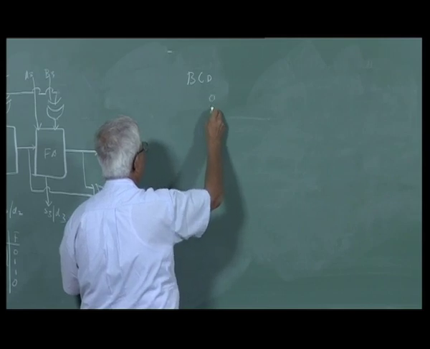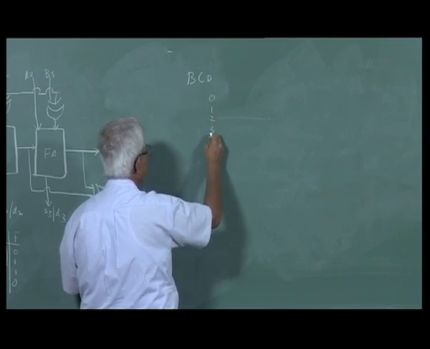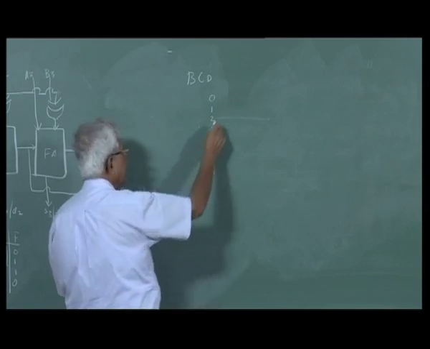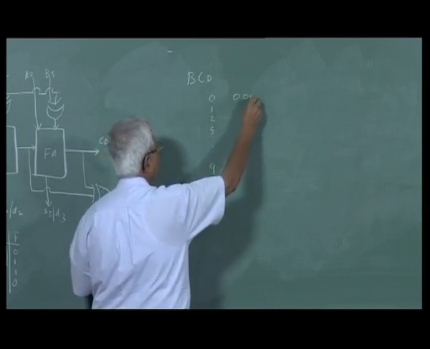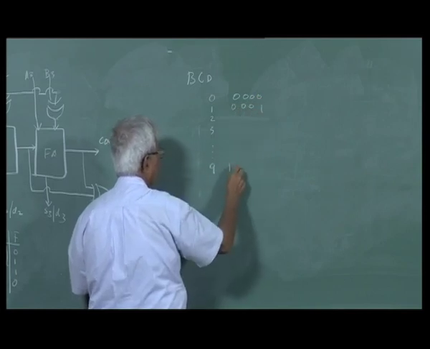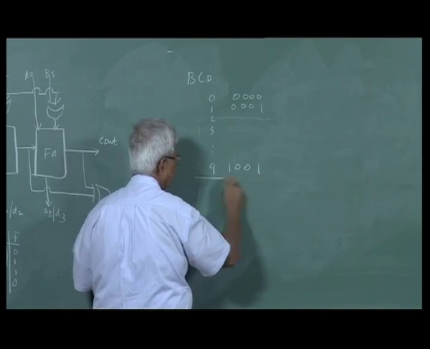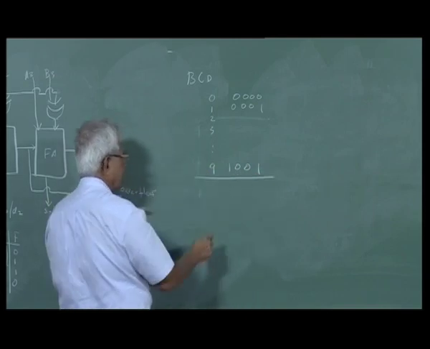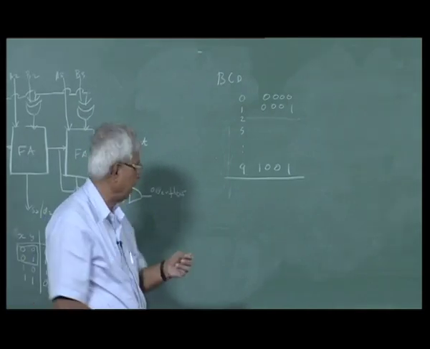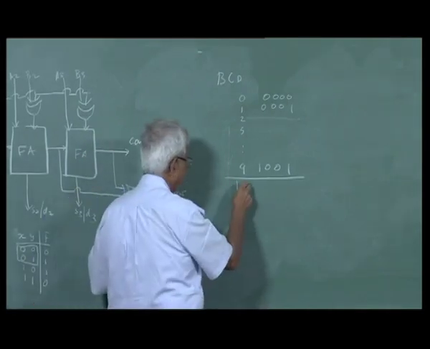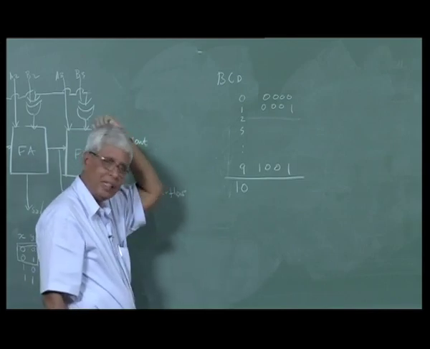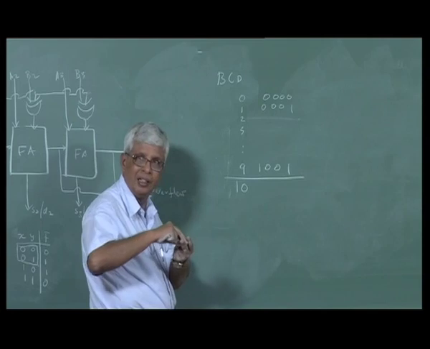We have 0 to 9, which is 0 0 0 0 up to 9, which is 1 0 0 1. After 9, in hexadecimal you have A, B, C, D, E, F. Here, after 9, comes 10, and for 10 I need 2 digits.